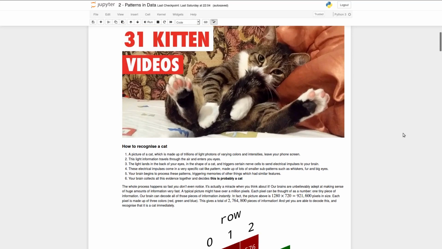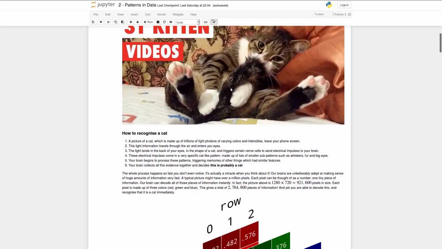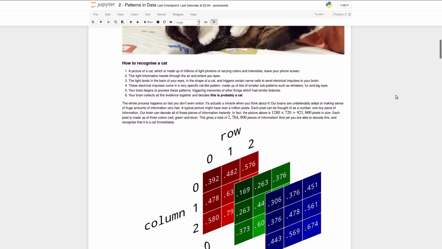And if you think about the informational content of that picture, this one here, for example, is made up of 1,280 pixels by 720 pixels. So that's about 900,000 pixels. And then each one of those pixels is made up of a smaller red, green, and blue pixel. So you can multiply that whole thing by 3 to get almost 3 million tiny little pieces of information.